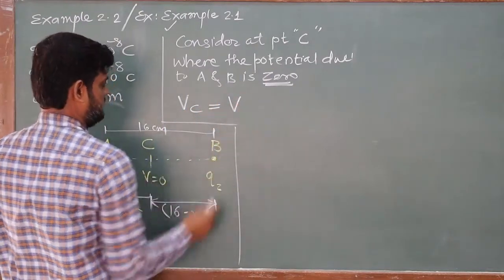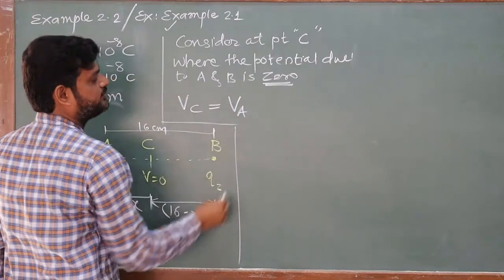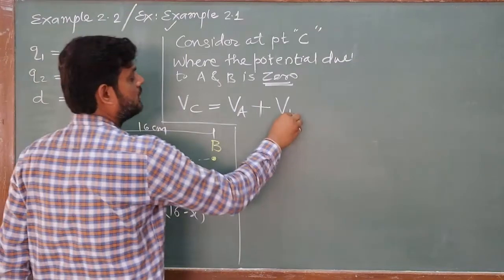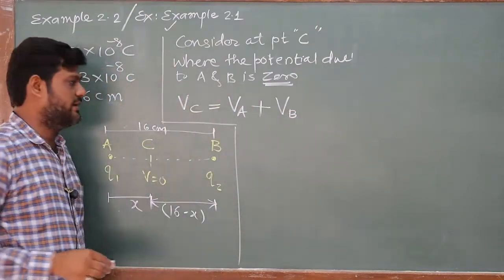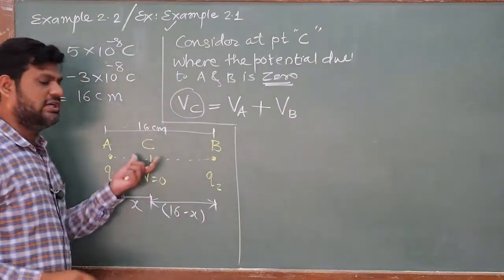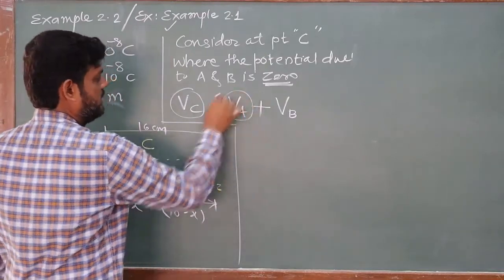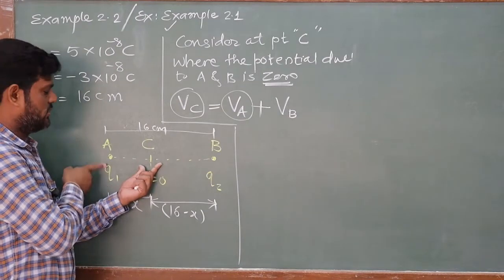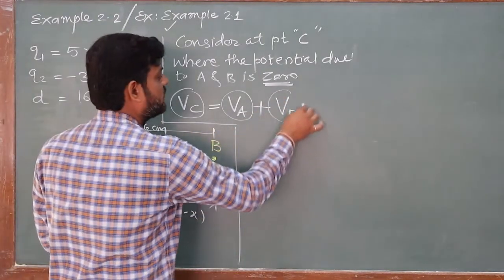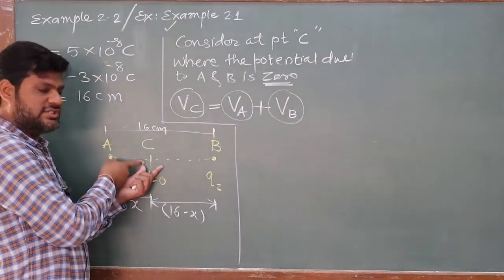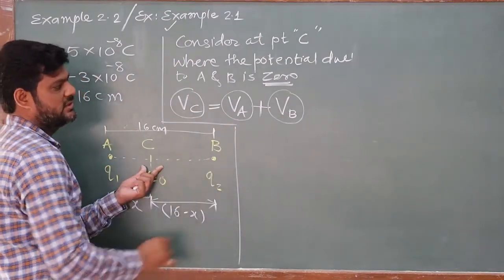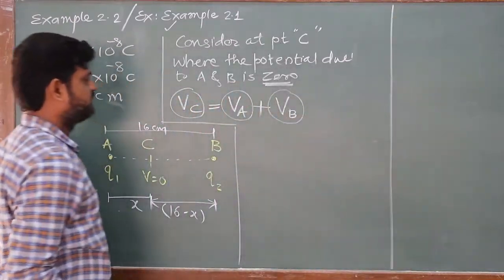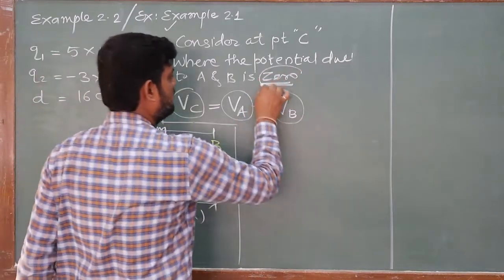So the potential at point C equals the potential at point C due to A plus the potential at point C due to B. What is VC? VC is the potential at point C. VA is the potential at point C due to the charge Q1, and VB is the potential at point C due to the charge Q2, right? Now we assume VC equal to 0.